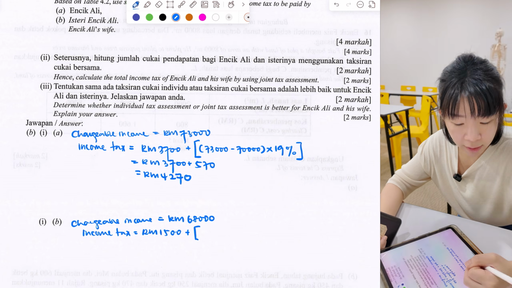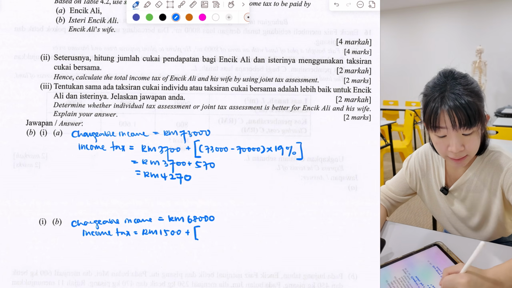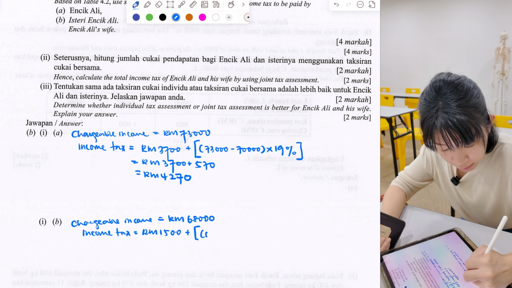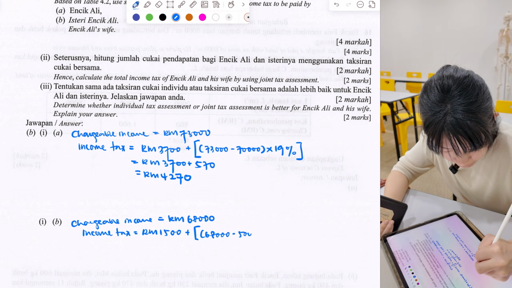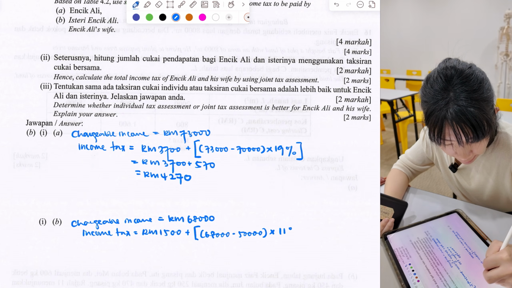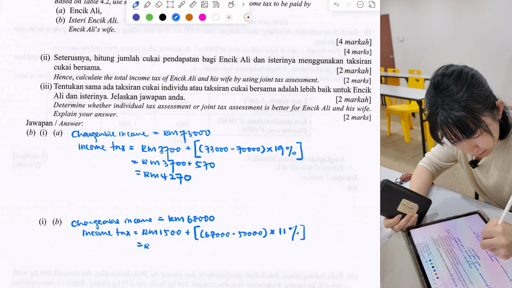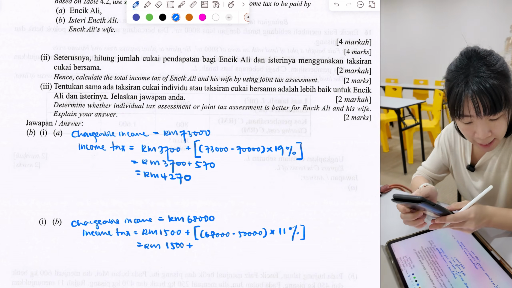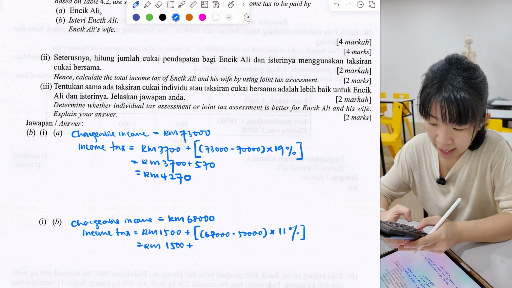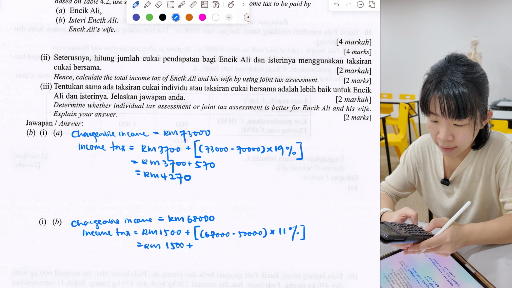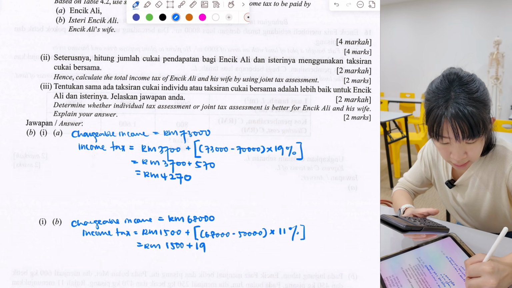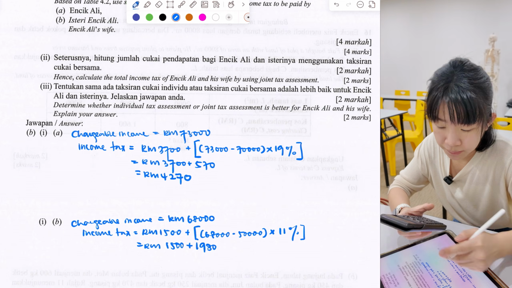This 1,500 is for the first 50,000, but her chargeable income is 68,000. So 68,000 minus 50,000, then times 11%. So 1,500 plus 18,000 times 11%, which is 1,980.